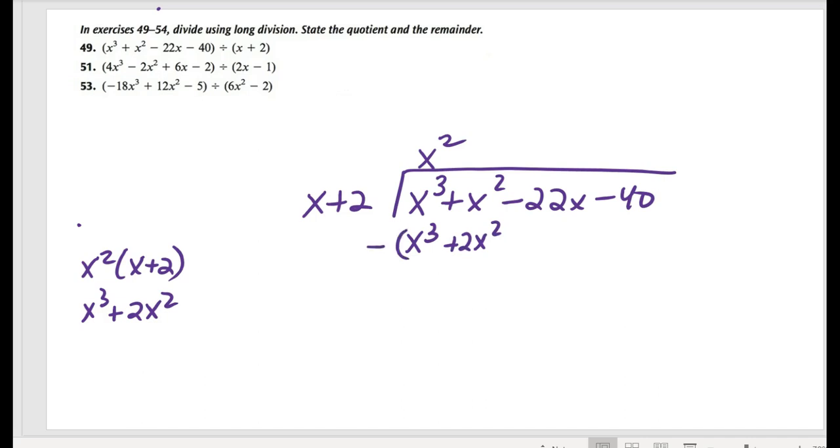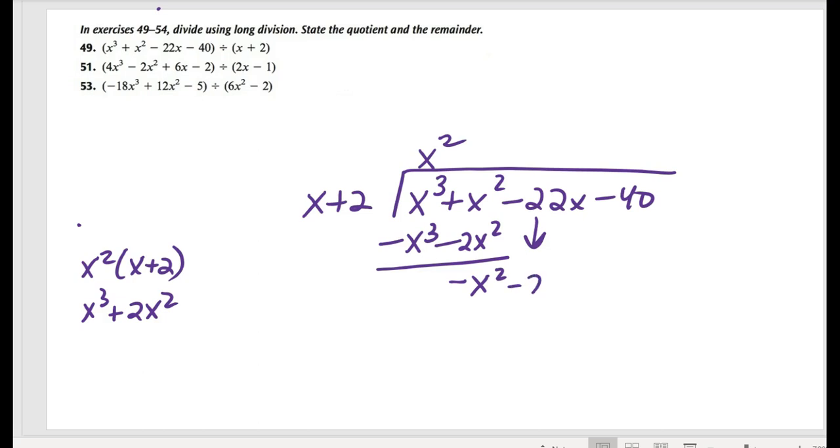An easy way to do this though is just to distribute that. And you just distribute it by, instead of putting a minus with parentheses, you change each of these signs. So that would have been a plus, so now it's going to be a minus. And then you can add vertically. So x cubed minus x cubed is 0, and x squared minus 2x squared will give me a negative x squared.